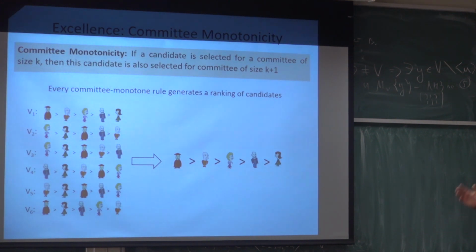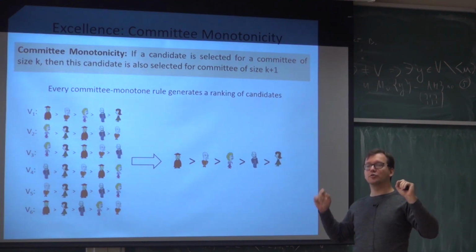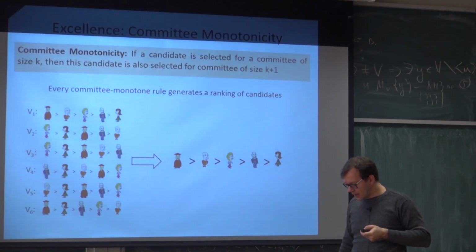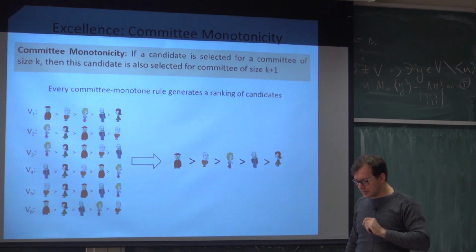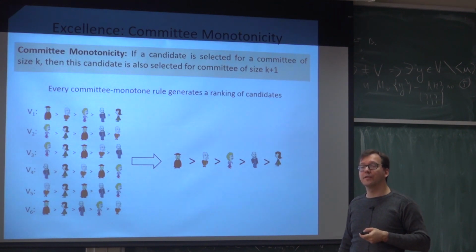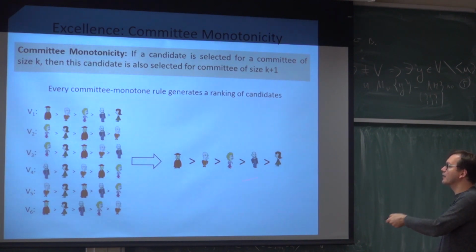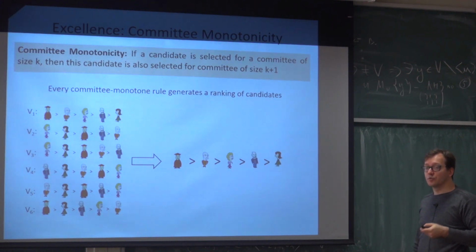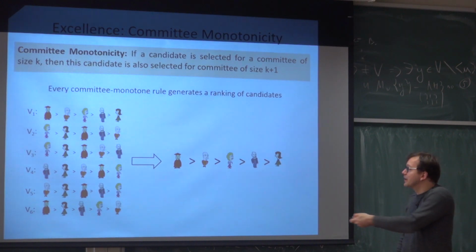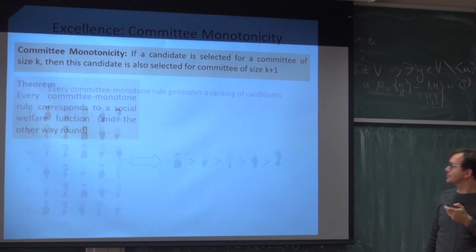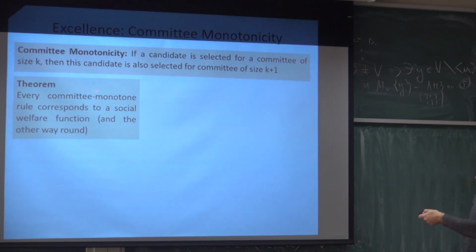In the world of single winner elections, this is exactly the notion of a social welfare function. A social welfare function produces a ranking of candidates from best to worst, and we can make a multi-winner rule simply by choosing the top candidates. So every committee monotone rule corresponds to a social welfare function.